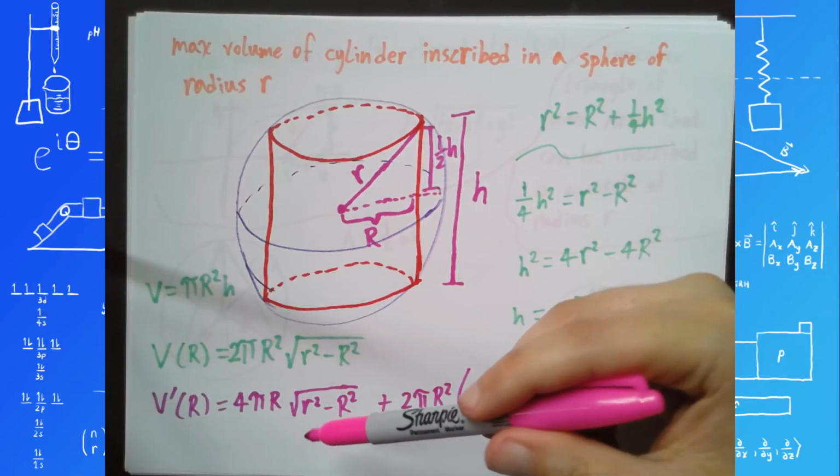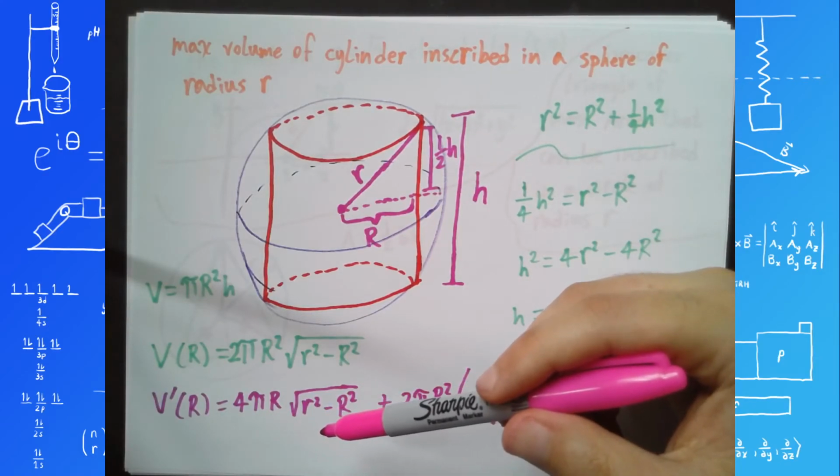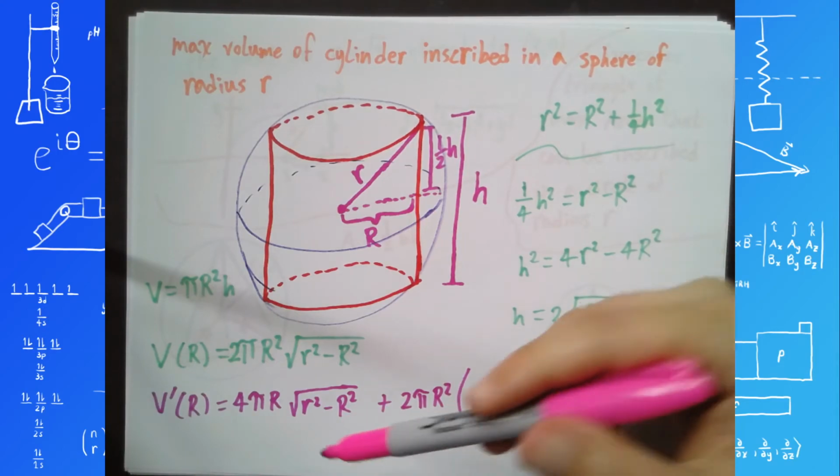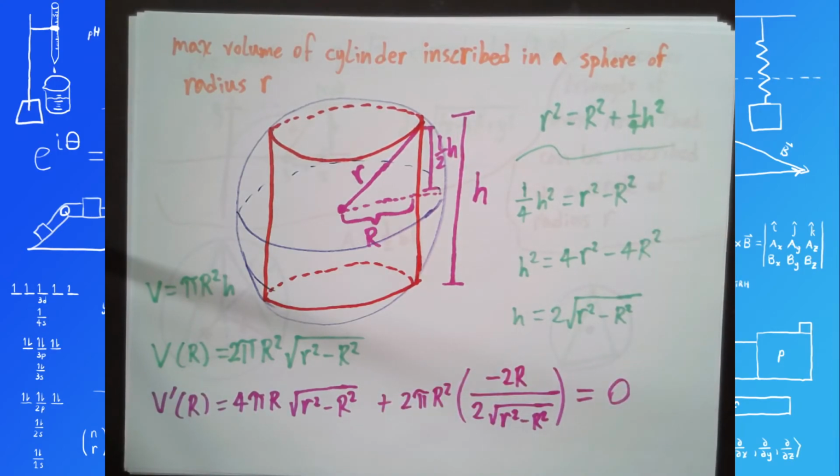If I multiply everything by square root of little r squared minus big R squared, what will that accomplish?